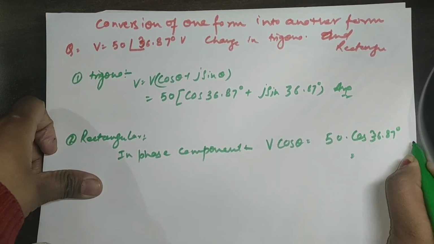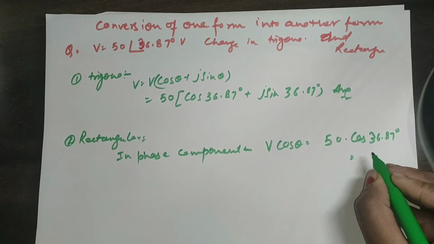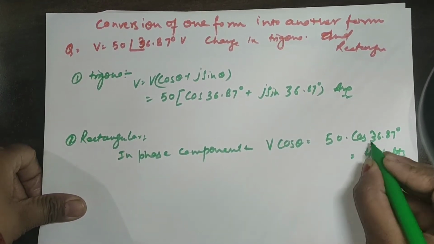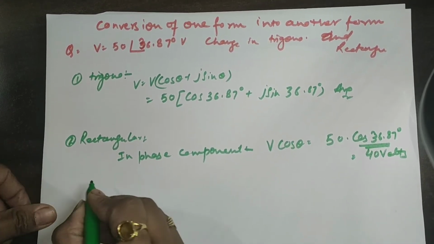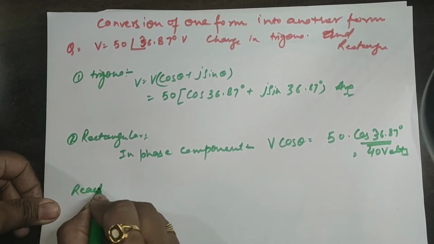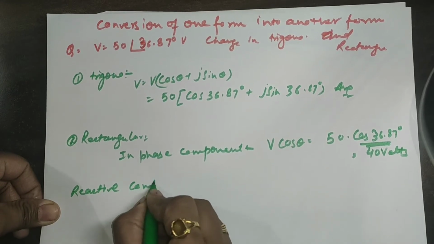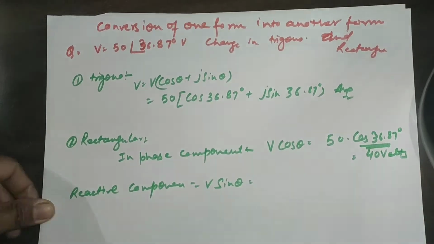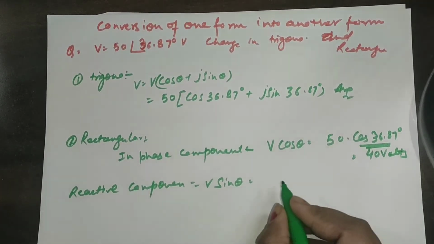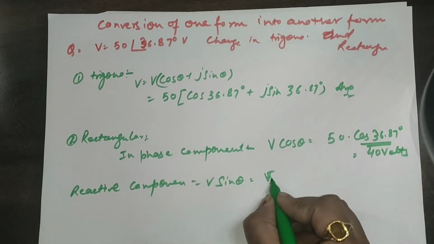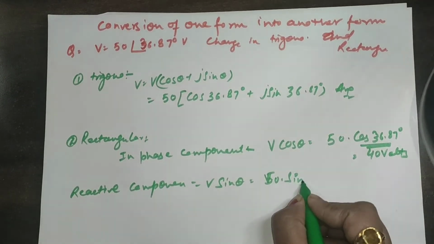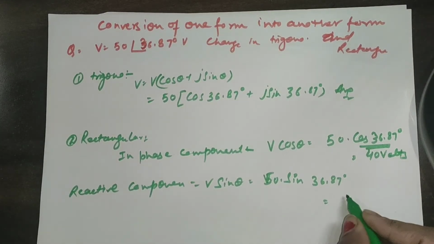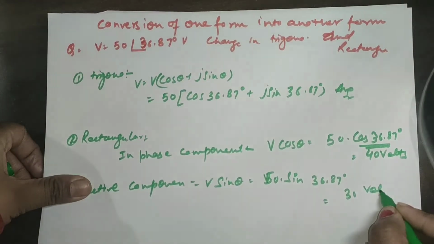You can derive this from your calculator directly, so it will be 40 volts. Now the reactive component, or B, is V sin theta. Here V is 50 into sin 36.87 degree. If you solve this, you will get 30 volts.